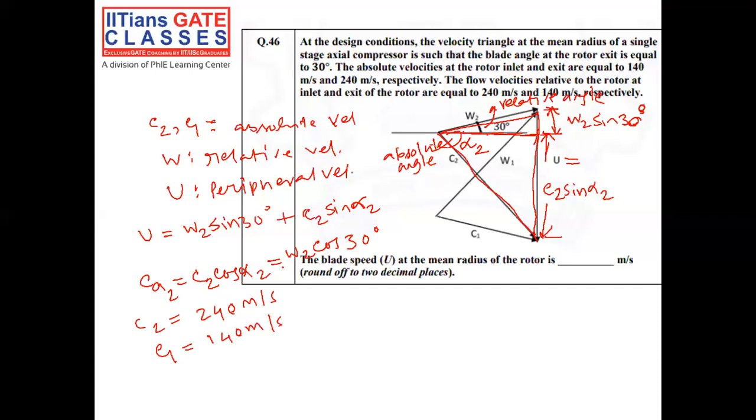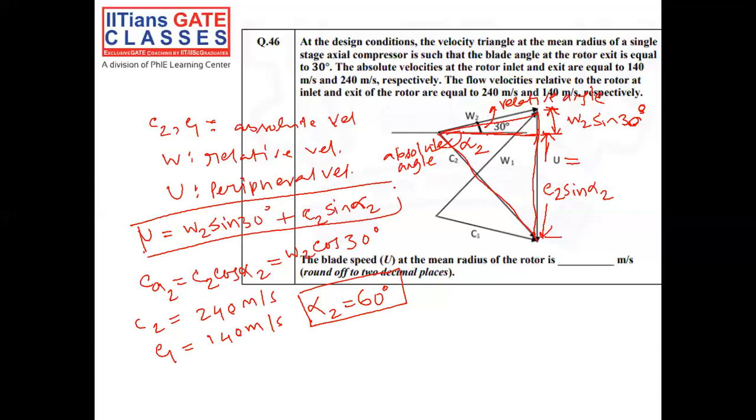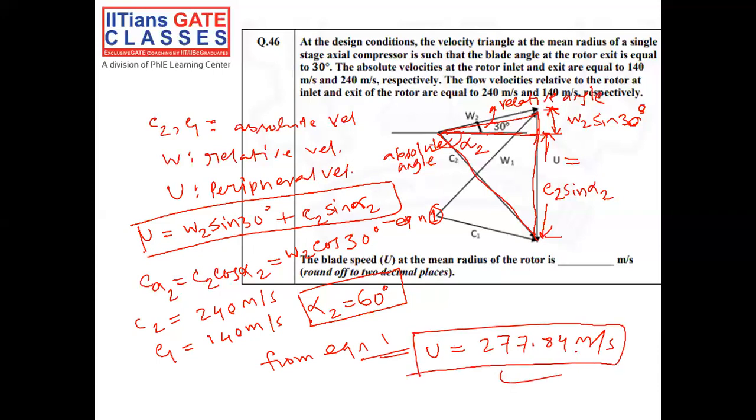If we substitute this here, we will get alpha 2 as 60 degree. From equation 1, we can substitute this value of W2, C2 and alpha 2, and you will get it as 277.84 meters per second. Okay, this is the correct answer.